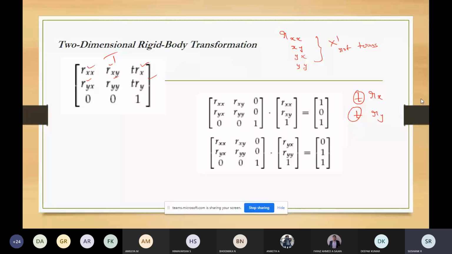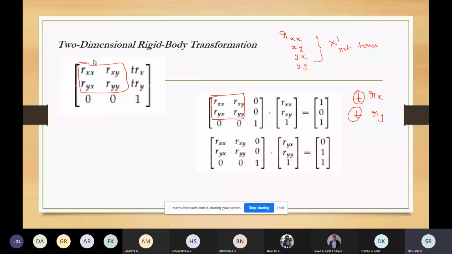If you consider these first four elements, that is a 2 cross 2 matrix, and it is an orthogonal matrix.